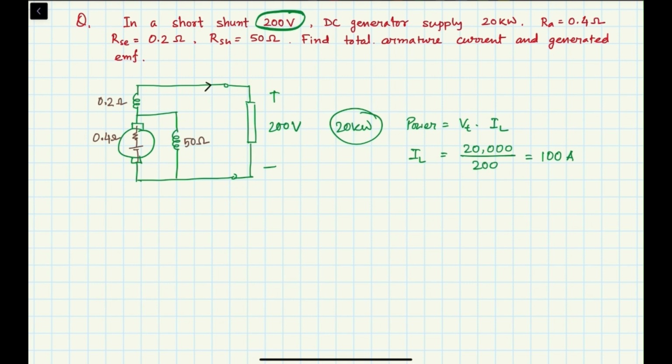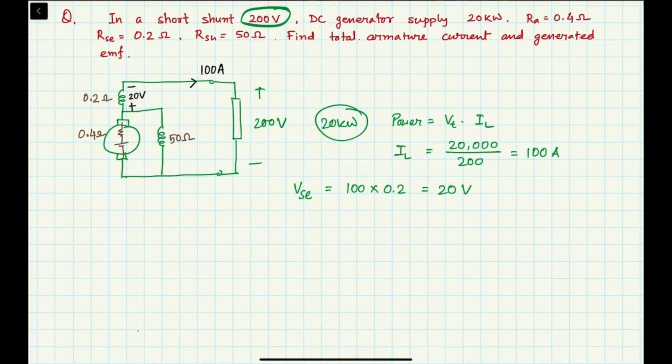So we found that the load current is 100 amps. If we see the voltage drop across the series winding, VSE, it will be 100 into 0.2 ohm, so that will be 20 volt. So the voltage across the shunt winding will be 200 plus 20, that will be 220 volt.